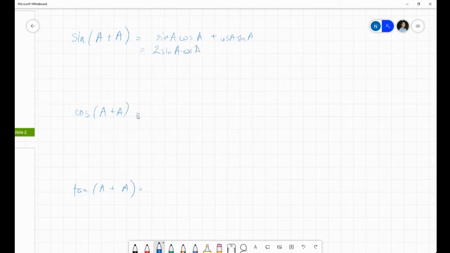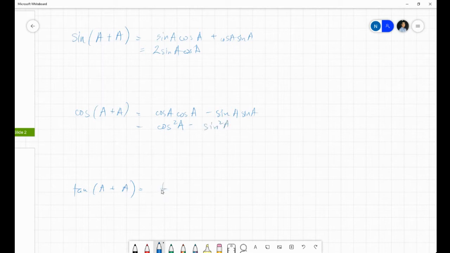For cosine, A plus A is cosine cosine minus sine sine. All right, so since they're the same thing, we have cosine squared minus sine squared.